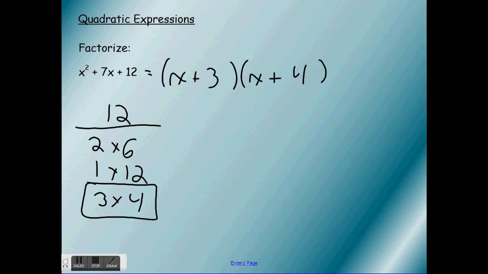What if there's more terms? Like x to the power of 2 plus 7x plus 12 plus 4? You would add 12 and 4 together first to get 16 and then go through it. What if it was like 6m squared? We don't actually get into that at all, which is why I skipped it.